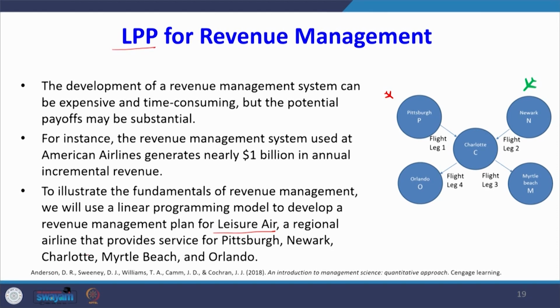It is a regional airline that provides service for Pittsburgh, Newark, Charlotte, Myrtle Beach and Orlando. Here are Pittsburgh and Newark, the origins, and the destinations are Orlando and Myrtle Beach via Charlotte.